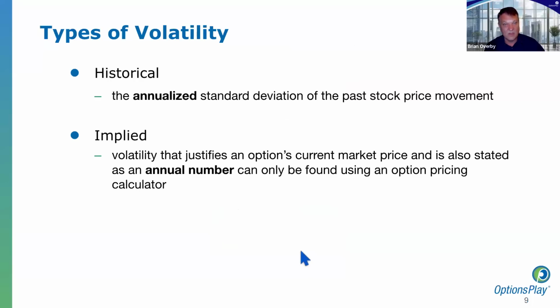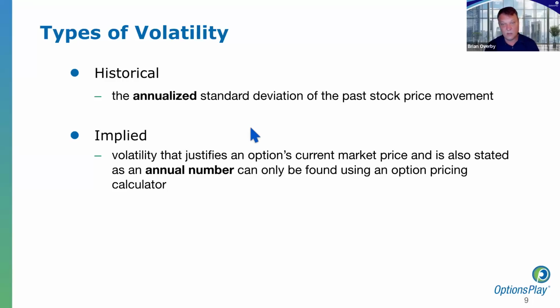All right, so to answer that question, first of all, let's define the terms. There are two types of volatility out there. We have historical, which is the annualized standard deviation of stock price movement. It's already happened. It's a fancy way of saying that we looked at the highs and the lows day in and day out, and we looked at how volatile the stock was over this period of time, and we came up with a historical volatility.